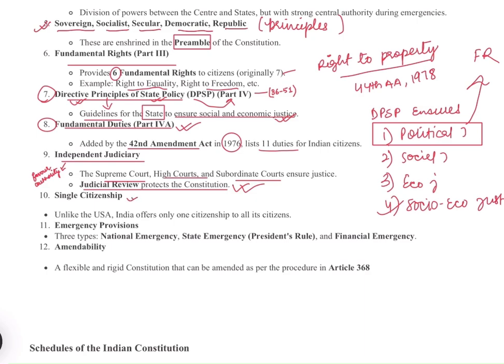Next thing is single citizenship. There are different countries in which double and dual citizenships are allowed. But in the Indian constitution, if I am an Indian citizen and if I go abroad and some years down the line I acquire the citizenship of, let's say, Denmark, then automatically my citizenship of India will be terminated.